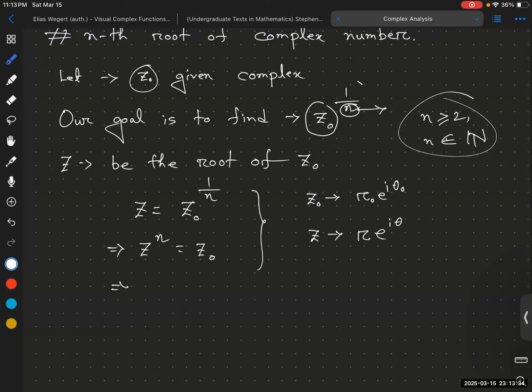After substituting, it will be (r e to the power i theta) to the power n is equal to r naught e to the power i theta naught. But we know that r e to the power i theta naught and r e to the power i (theta naught plus twice k pi) represent the same complex number, because going clockwise or counterclockwise by twice pi, that is 360 degrees, gives the same complex number.